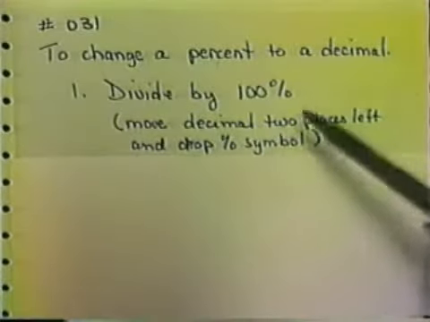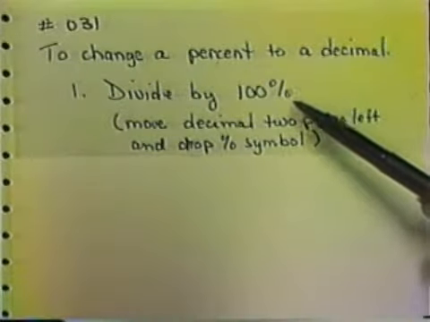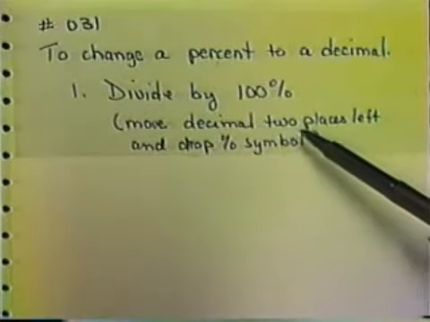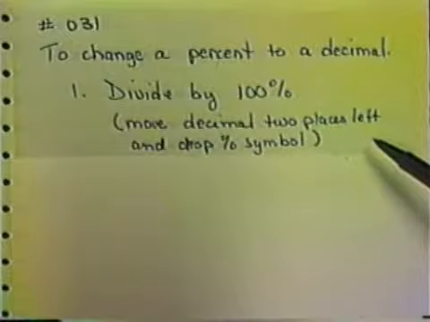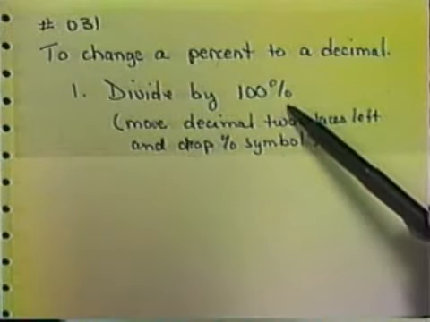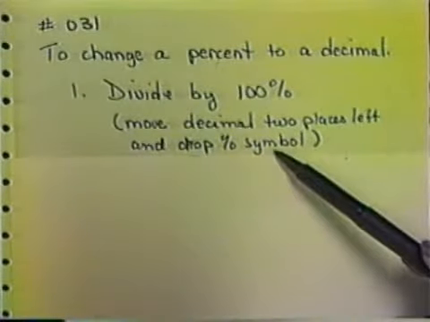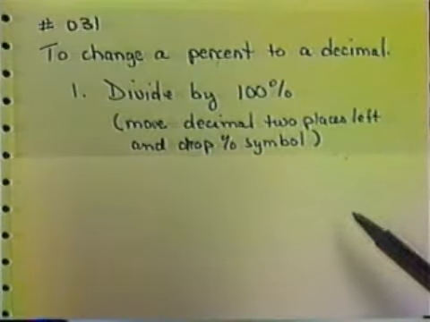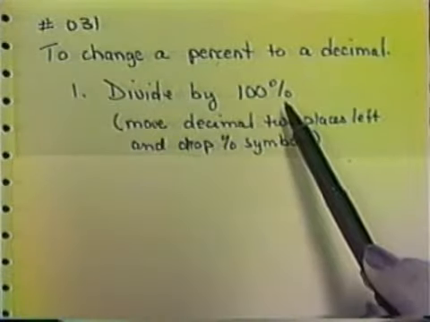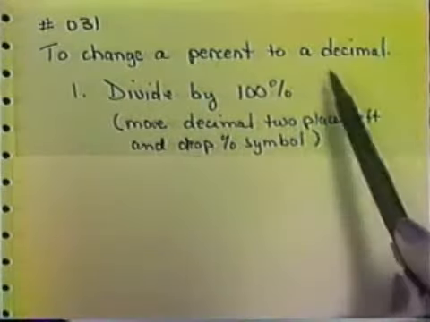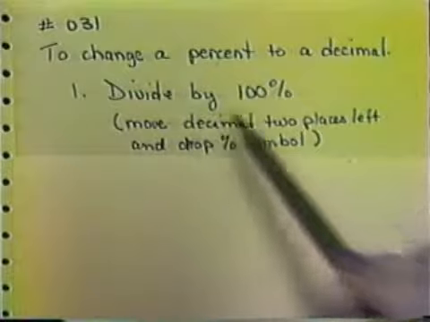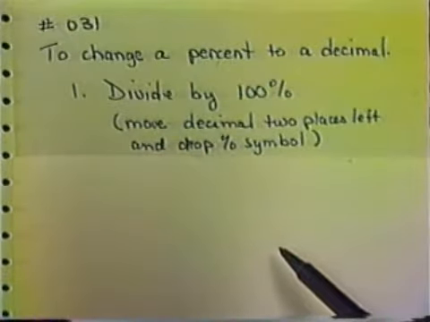Now remember, in the decimal unit, in order to divide by 100, you moved the decimal 2 places to the left. So if we're going to divide by 100%, the percents will cancel, which means we drop the percent symbol and we move the decimal 2 places to the left. To change from a percent to a decimal, we're going to divide by 100%.